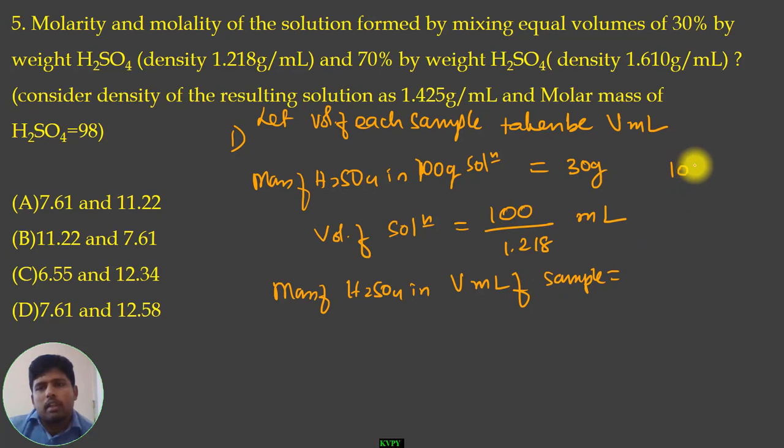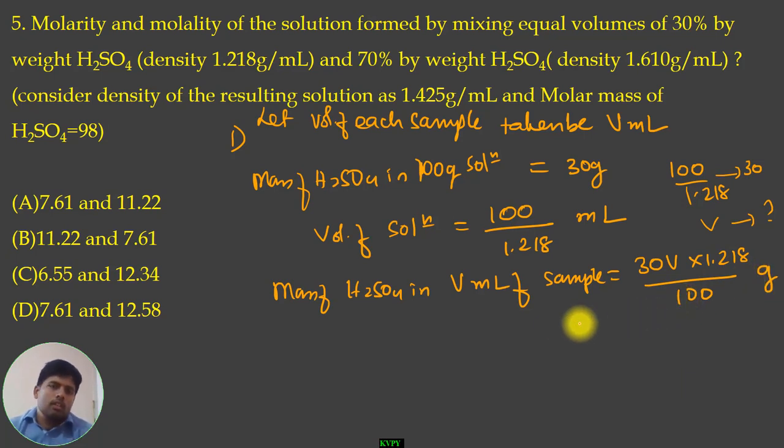You can see 100 by 1.218 has 30 grams. We want V mL, how much? So it's 30 into V into 1.218 divided by 100 grams, the mass of H₂SO4 in V mL of the first sample. Similarly, we can have sample 2.